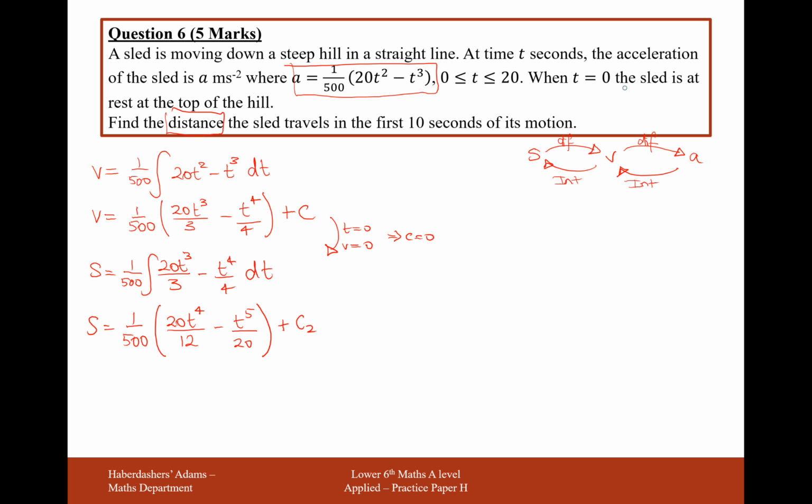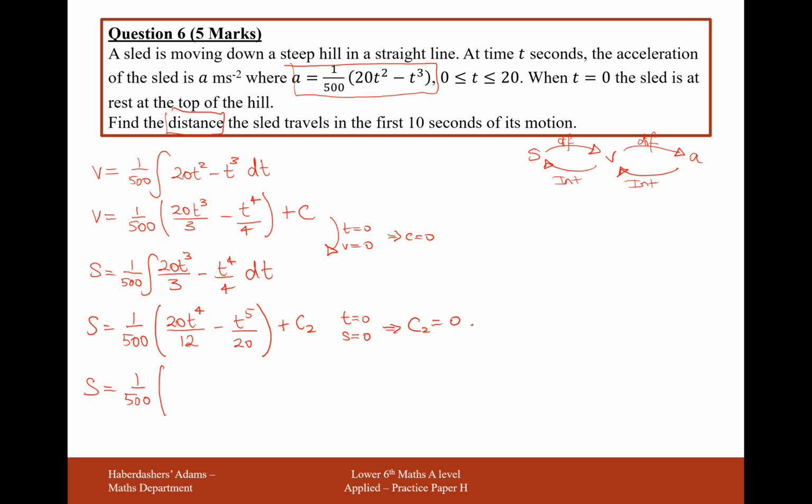Now we want to find how far it travels in the first 10 seconds, so we're going to assume that when t equals 0, we've not travelled any distance. So in this case, c2 equals 0. So our formula for distance travelled is quite simply 1 over 500.